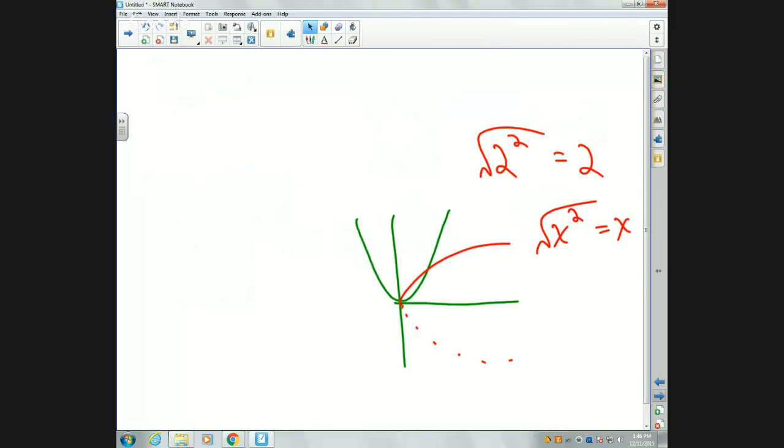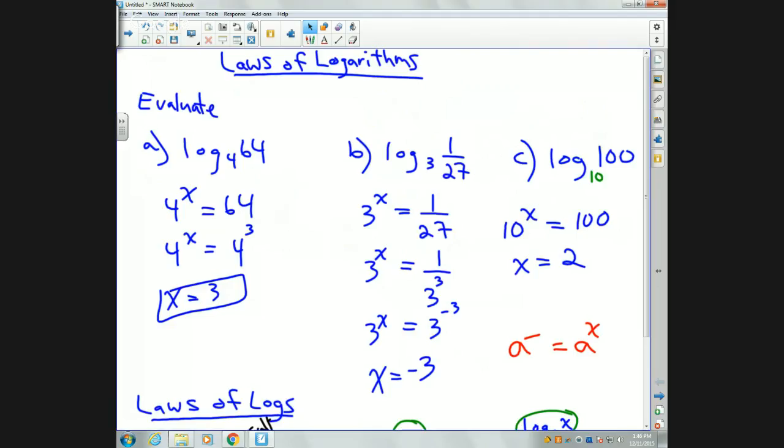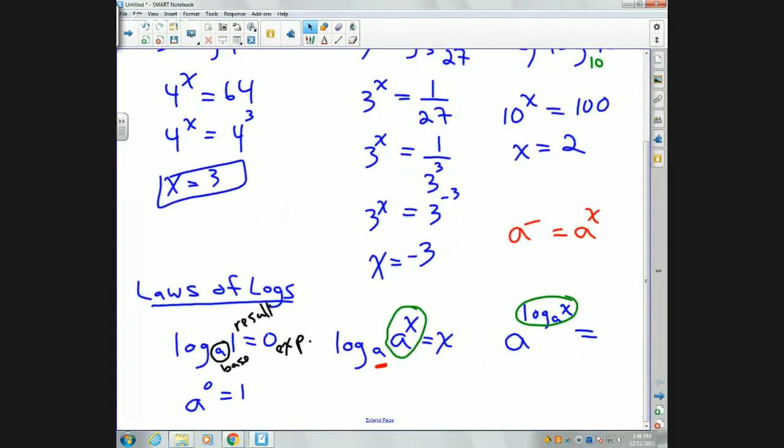So in this case, if we take the exponential function and apply the logarithmic function, or if you want, take the log of x, and then take that and plug it into the exponential function, the log and the exponential should undo each other.